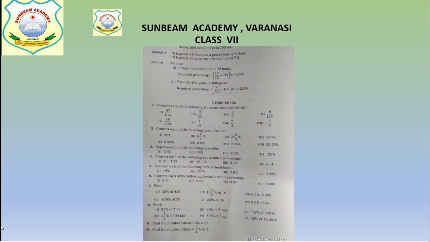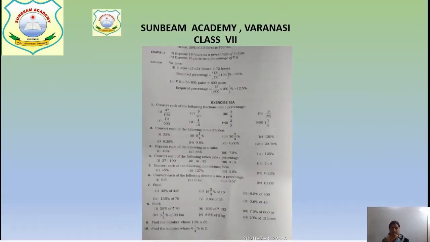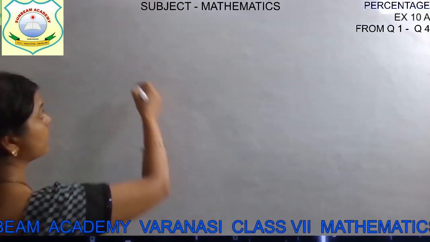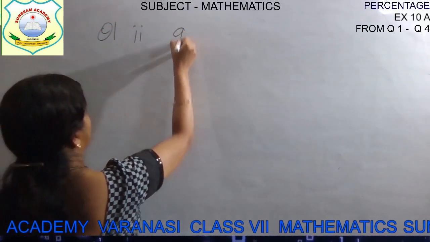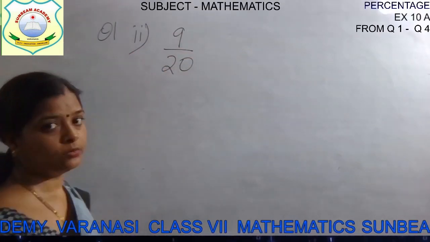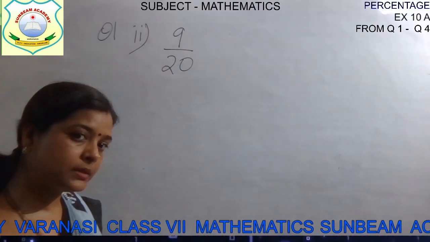So if you have to convert a fraction into percentage, what will you do? You will multiply it with 100. Question number 1, second part, 9 by 20. Now this is in fraction form. You have to convert it into percentage.